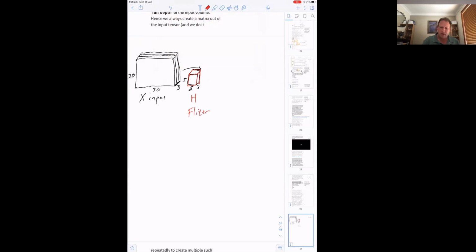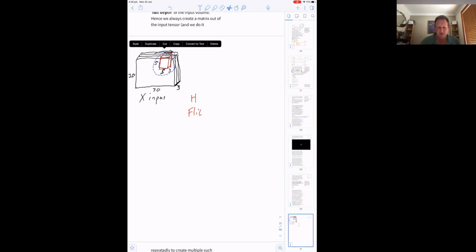Okay. So when the network operates, let's use this trick. What the network's going to do is it's going to move the filter. It's going to be here, and then it'll move here, then here, then here, and here. It's going to move each time according to the stride.